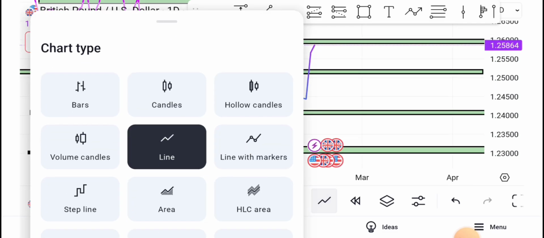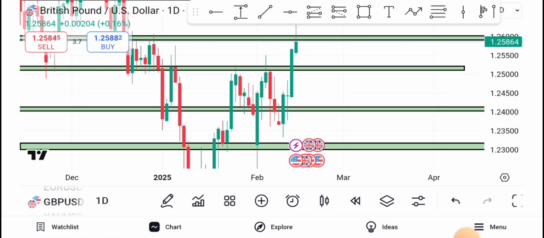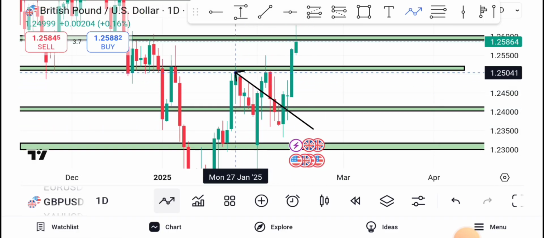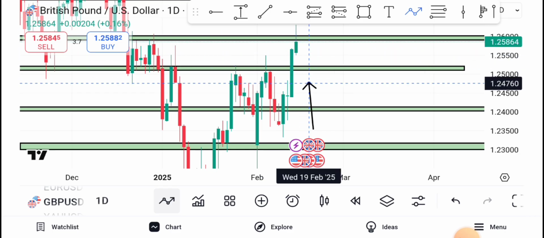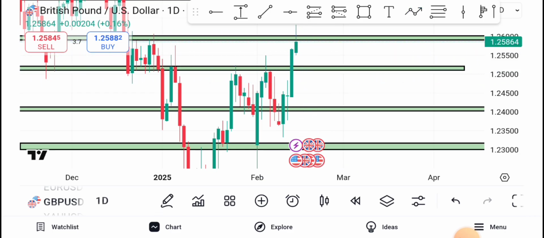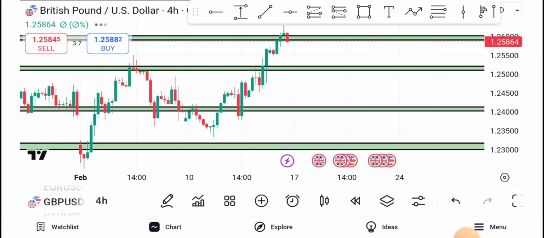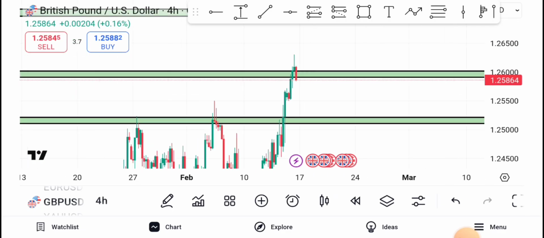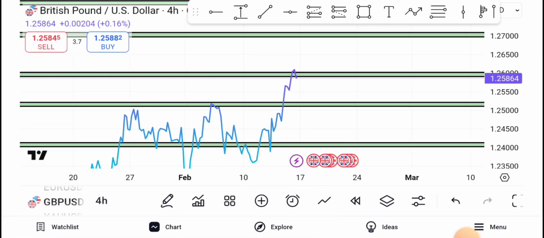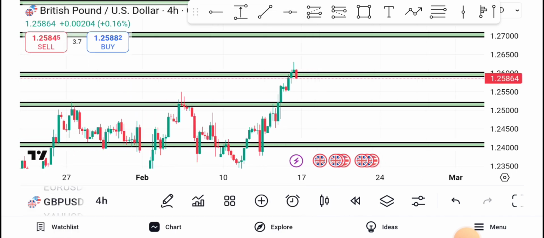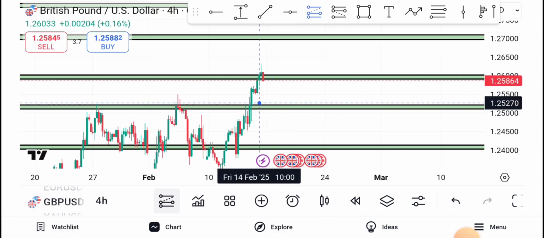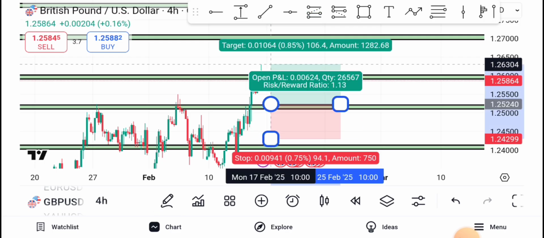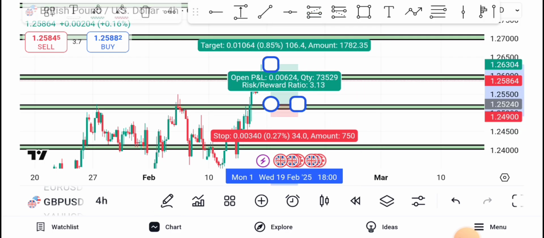So this is what you are looking at. Price has broken this equal highs, and then you'll be waiting for a retest. Then you continue buying all the way to the upside. This is what I'll be looking for, buying opportunities to this level here.